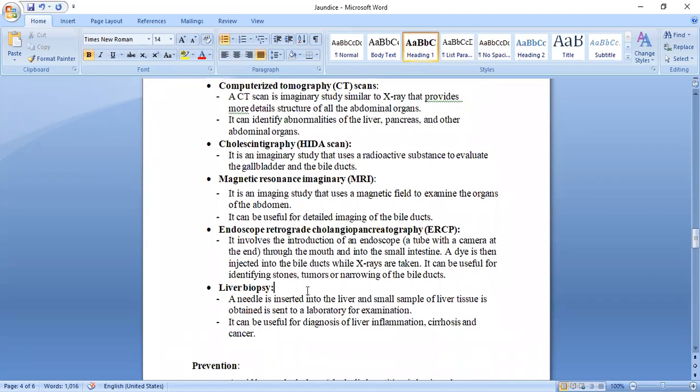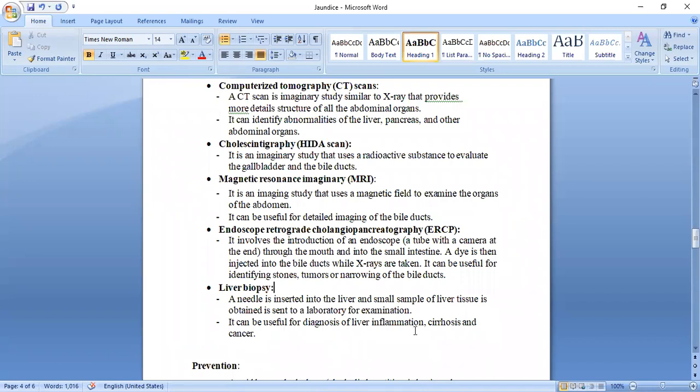Okay. And biopsy, liver biopsy. A needle is inserted into the liver, whatever the biopsy may be. Cardiac biopsy is also there, kidney biopsy, any type of biopsy. In this procedure, a needle is inserted into the liver and a small sample of tissue is obtained, and we examine if any damage is there, if any tumor or benign tumor is there.